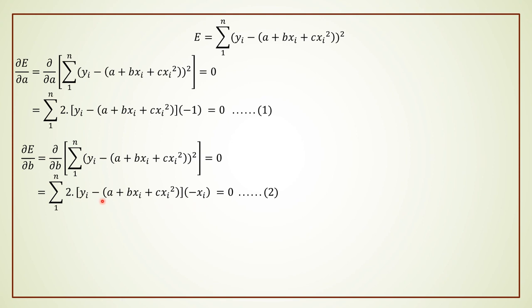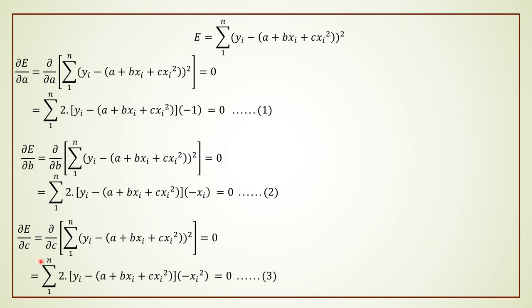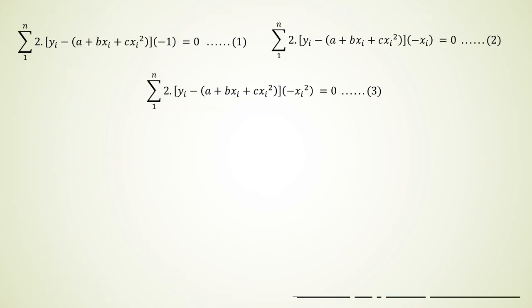Okay, you have −bxi over here, and the partial derivative of −bxi with respect to b is −xi. Next, the partial derivative of E with respect to c is equal to 0, that is nothing but summation 2 into (yi − (a + bxi + cxi²)) into −xi², that is equal to 0.